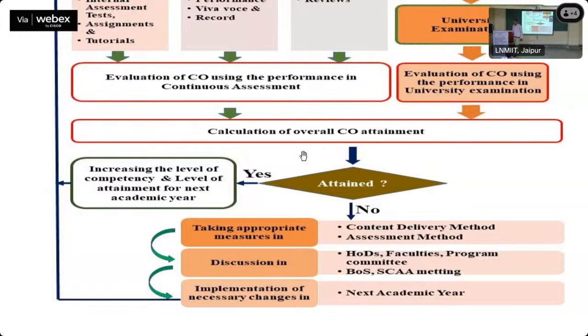External. So they have some format for that. They give their suggestions. They visit the department, they see the labs, what facility you have, what type of teaching learning process you have, what type of question paper you are setting, whether it is very easy or not. That is the judgment by the expert.